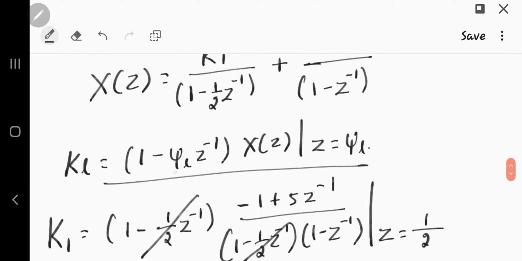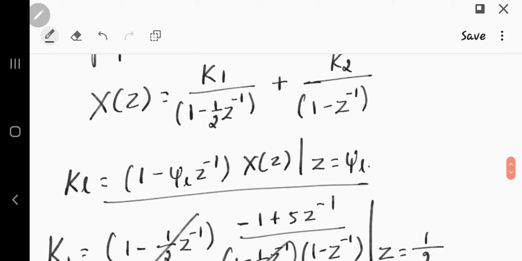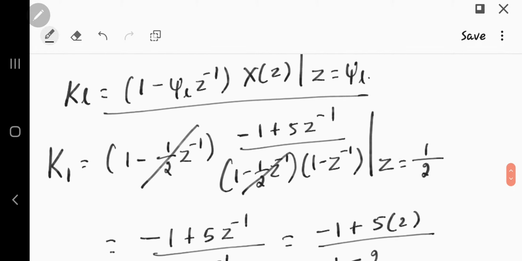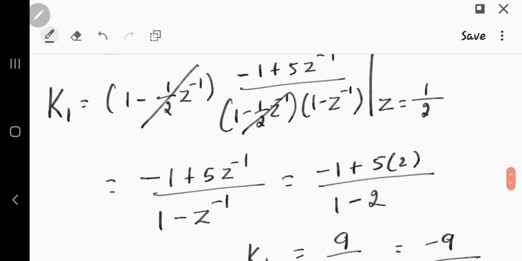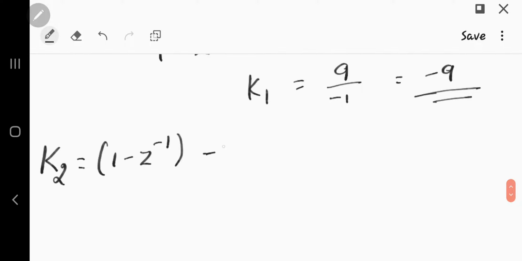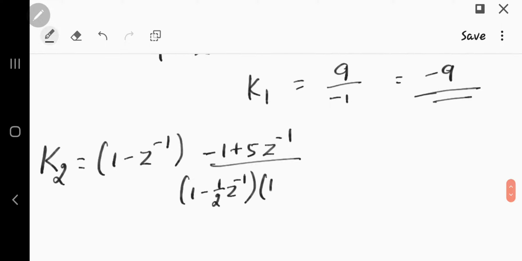Now in place of 1 minus e^(jω) z inverse, we have 1 minus z inverse. So we will write here 1 minus z inverse into X of z. X of z is minus 1 plus 5 z inverse divided by 1 minus 1 by 2 z inverse and 1 minus z inverse, and z takes the value of the pole, here in this case it is 1.